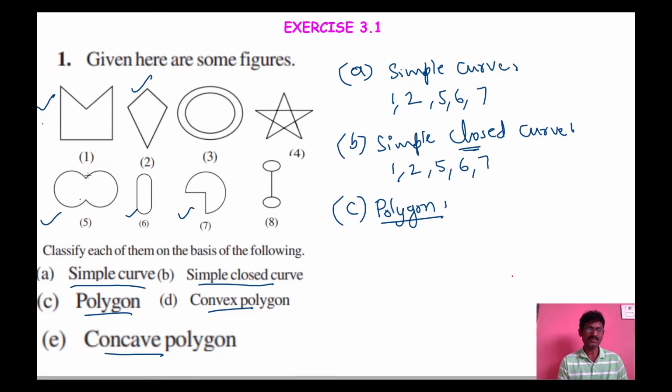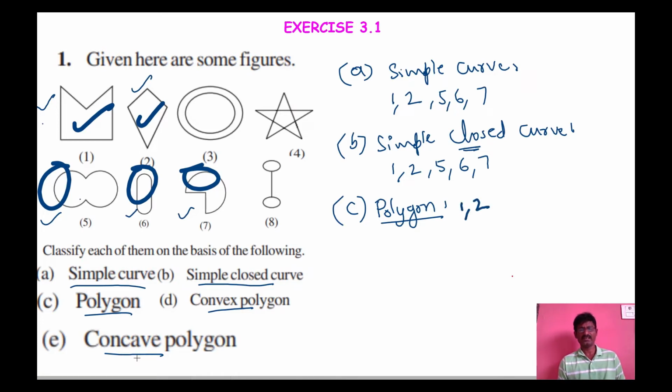The first one and the second one are the only simple closed curves constructed using only line segments. In the remaining three, this is not a straight line, this is not a straight line. So 1 and 2 are the only simple closed curves made by line segments only.